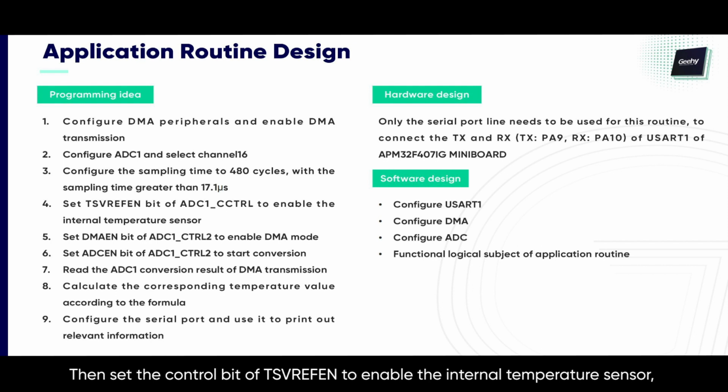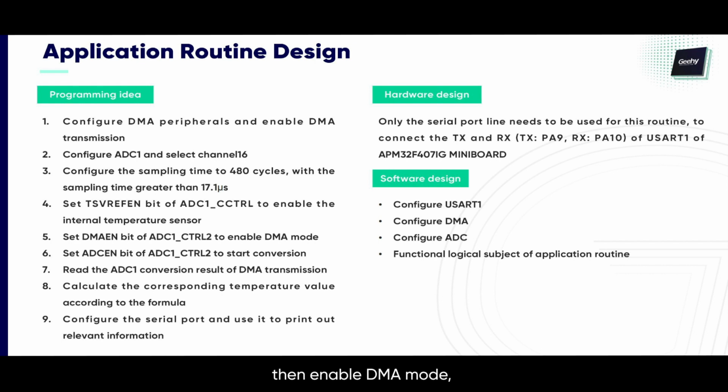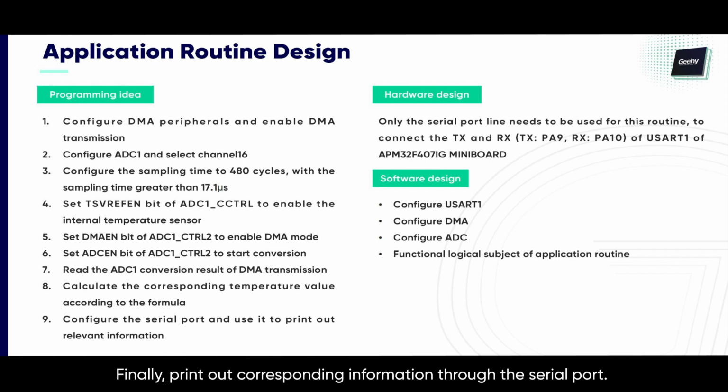Then set the control bit of TSensor to enable the internal temperature sensor, then enable DMA mode, and enable ADC to activate the ADC conversion. Then read the conversion result and calculate the corresponding temperature value according to the formula. Finally, print out the corresponding information through the serial port.